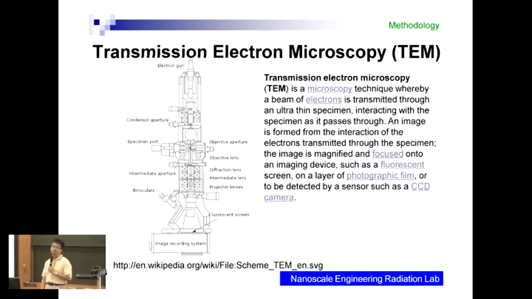The second tool, transmission electron microscopy. Basically, the same principle, except now the sample is very thin, so the ping pong ball can penetrate. So what you get is not the surface profile.